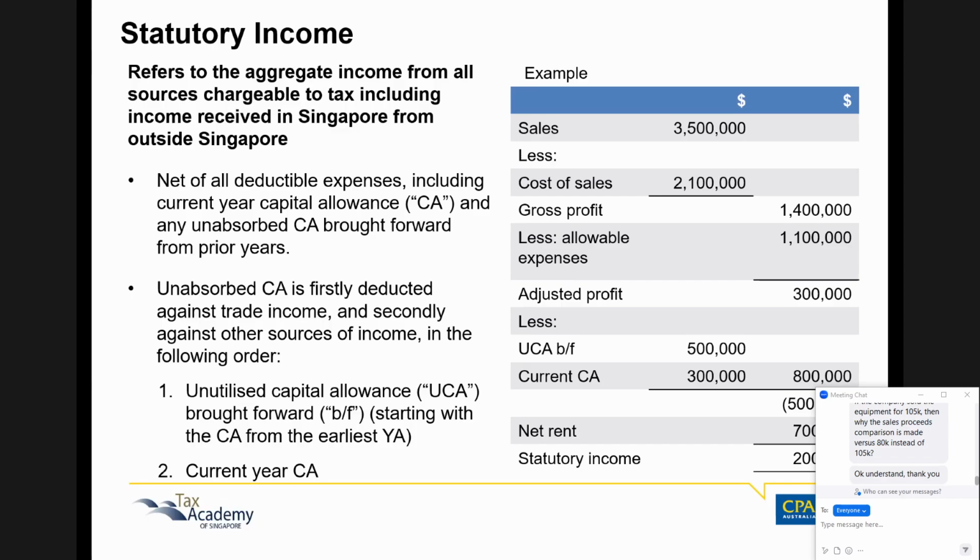But just to show you the ranking of the CA: when you make a deduction, if it's a qualifying unutilized CA, later we will see why we have qualifying and unqualifying, if it's CA brought forward that you can use, you deduct that first, then you deduct your current CA.